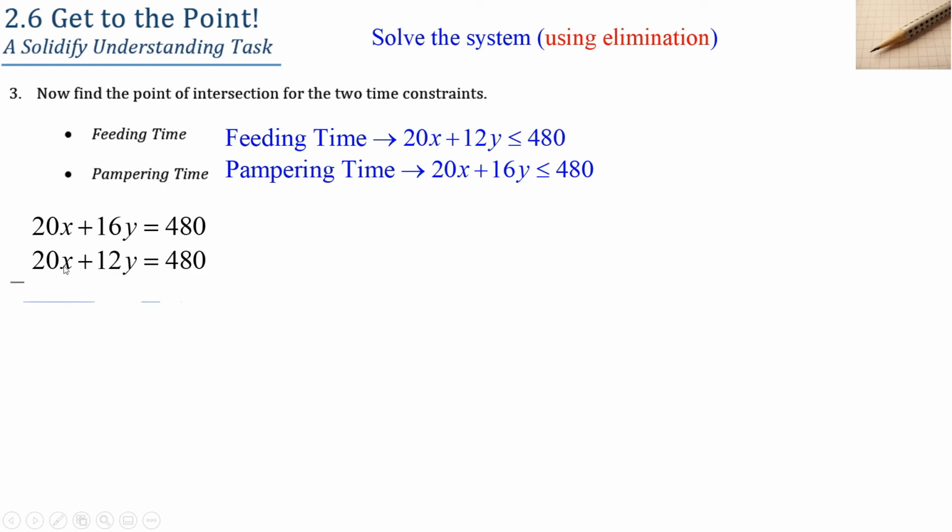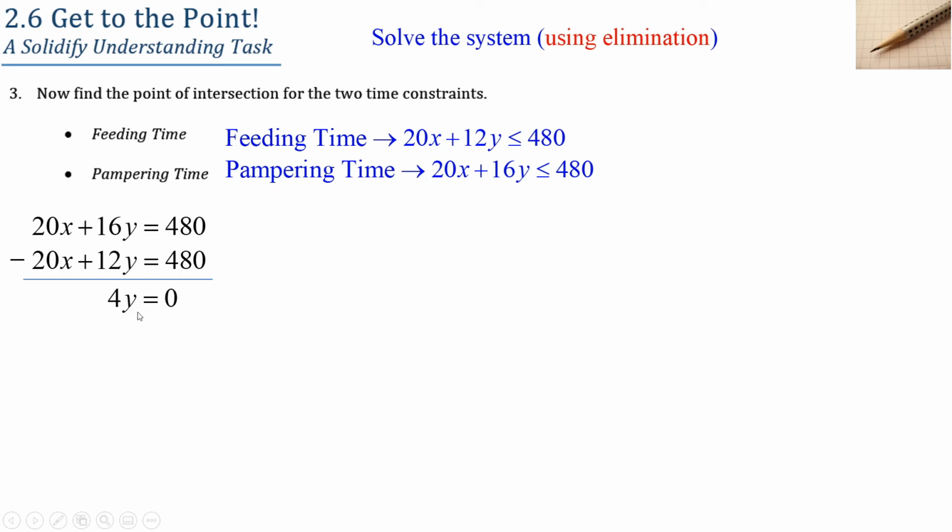If we subtracted 20x minus 20x, I don't have any x's left. Let's look at our y's. We'd have 16y's minus the 12y's. That would give us 4y's. And 480 minus 480, that would give me 0.